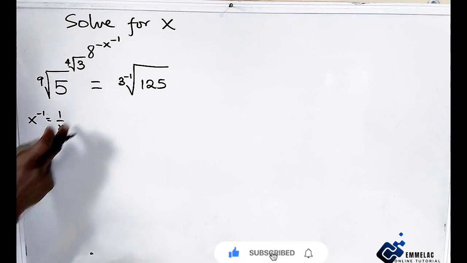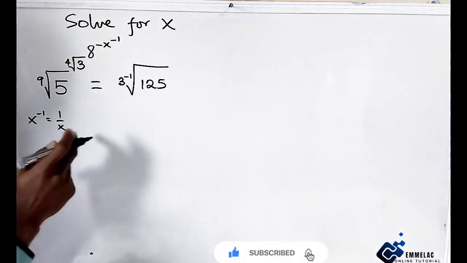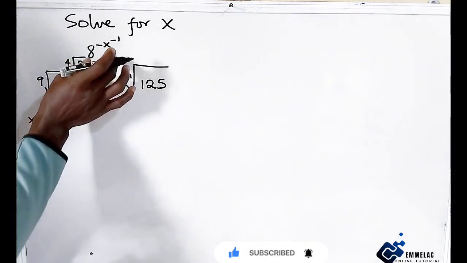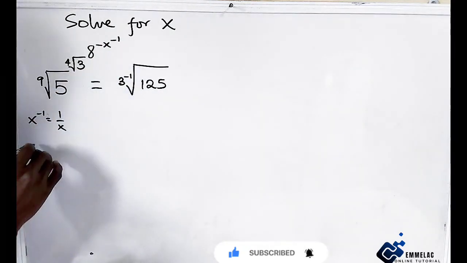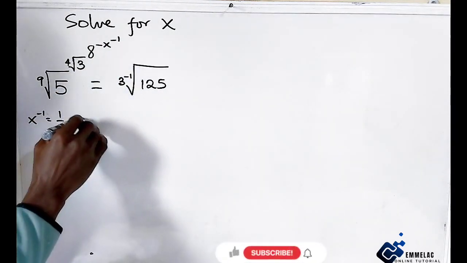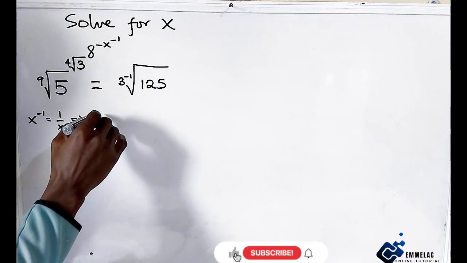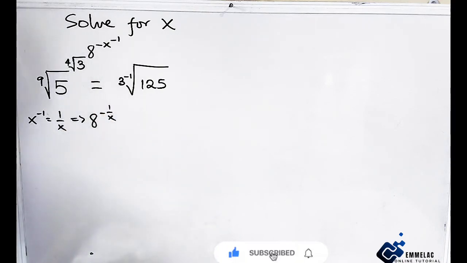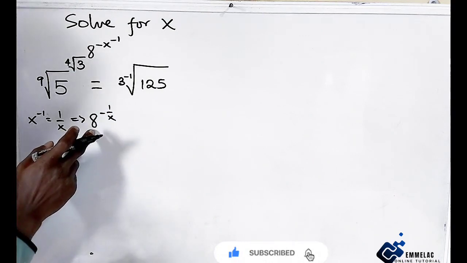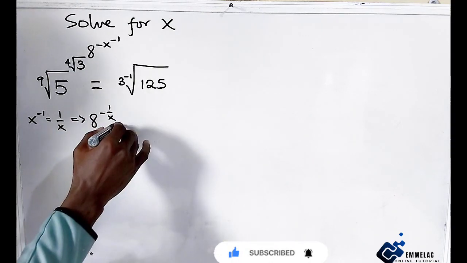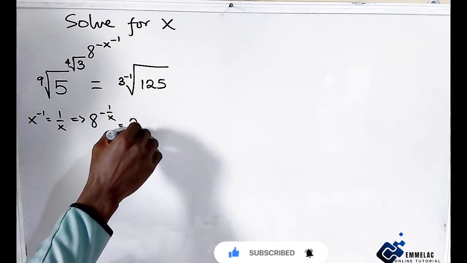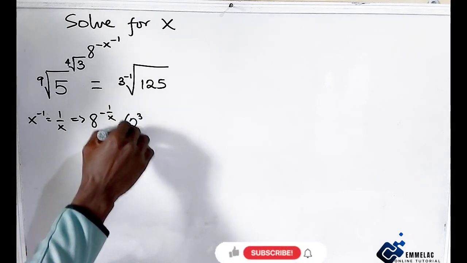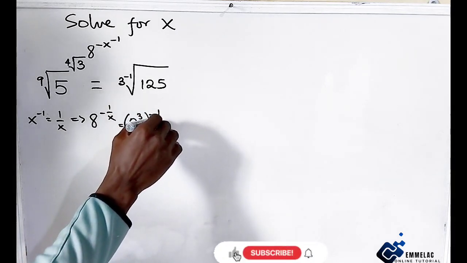So if we implement this here, taking the whole of this and solving it first, we have 8 raised to the power of minus x, all raised to the power of minus 1 over x. Now, changing this to a base of 2, this gives us 2 raised to the power of 3, all raised to the power of minus 1 over x.